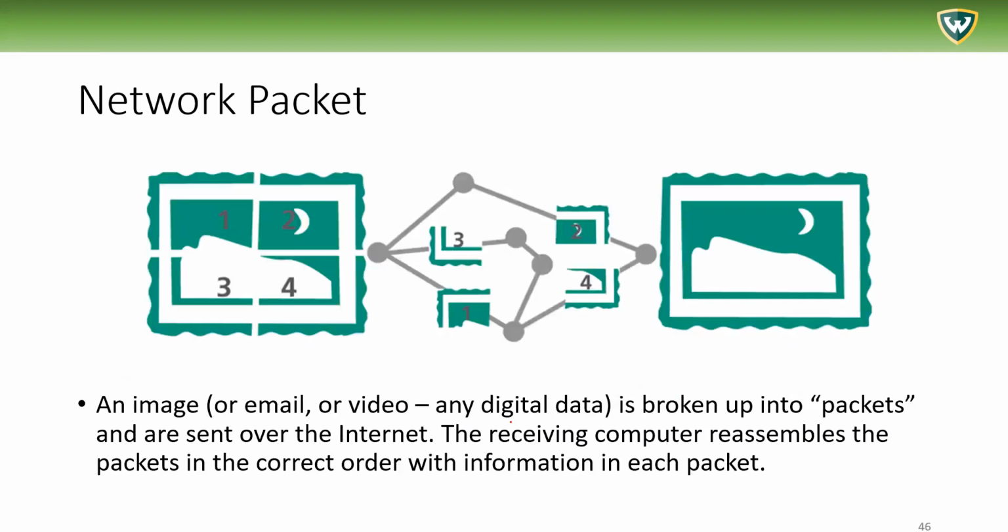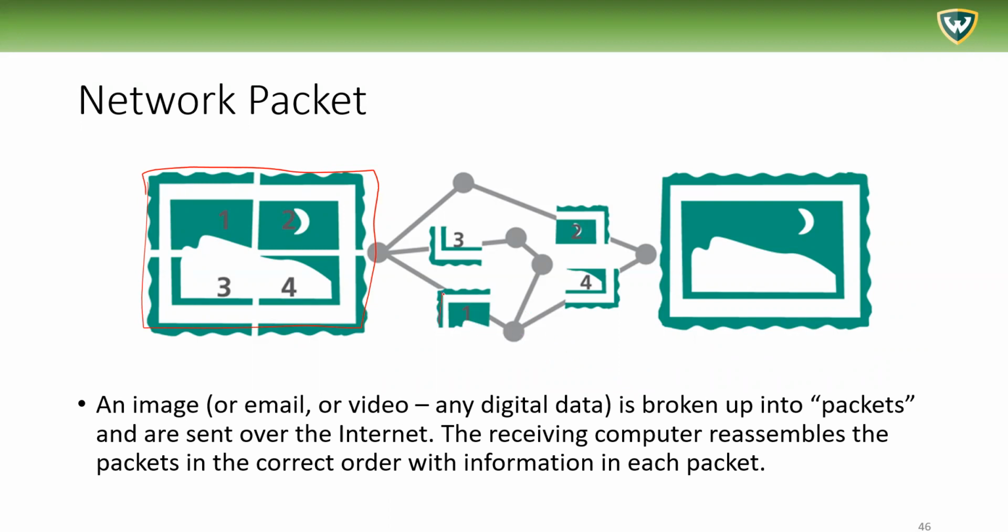So, for example, suppose you have an image on your computer, and you want to send that photo to somebody else. Let's say you want to send it over email. Well, your email program, along with other layers of the internet communication, is going to break down your image and your entire email into little packets.